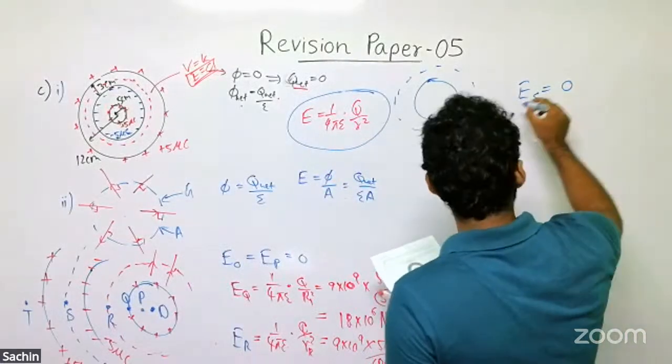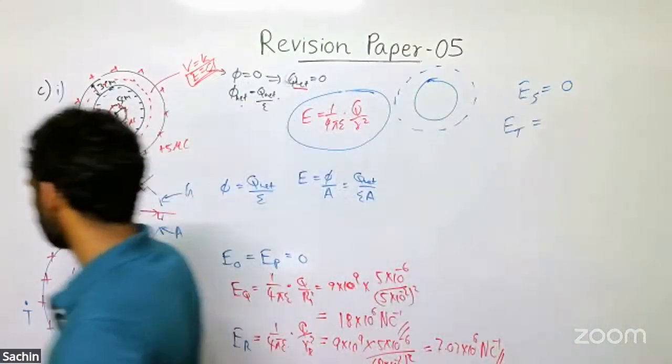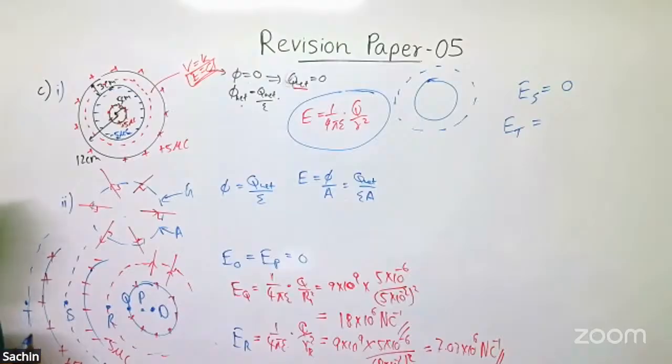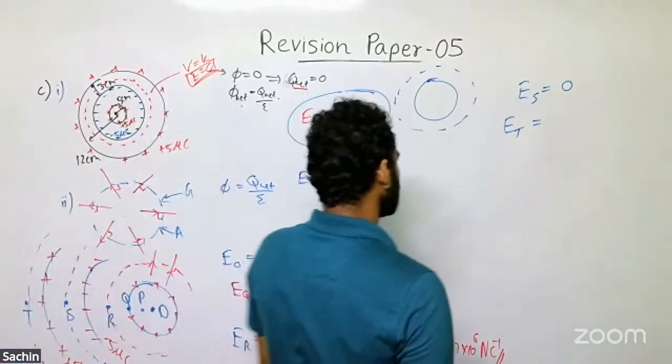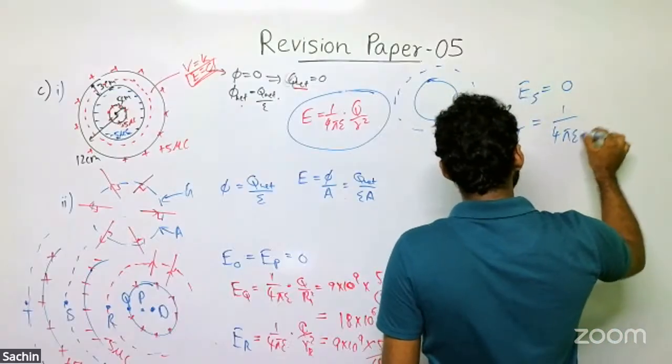Then T. Now again consider the Gaussian surface for T. T is lying outside all these spheres and shells. So the net charge is what? Plus 5 and minus 5 get cancelled, but there is another plus 5.